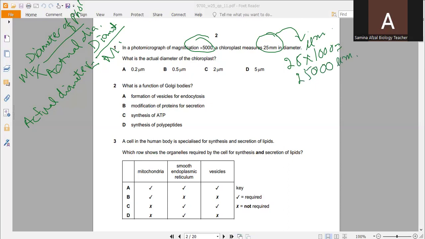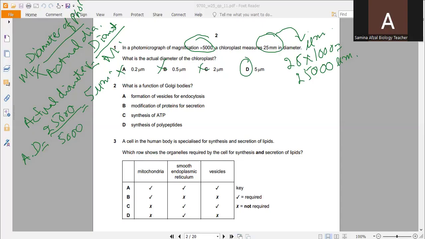Now we will put this value into the formula. Actual diameter will be equal to diameter of the photomicrograph, which is 25,000, divided by magnification, which is 5,000. So it will be equal to 5 micrometer, you can calculate it. So D is the correct option. A, B, and C are not the correct options.